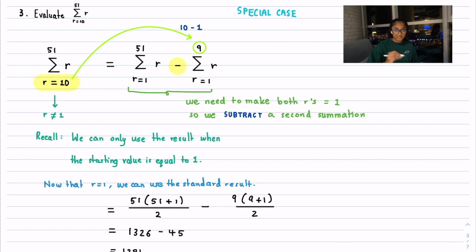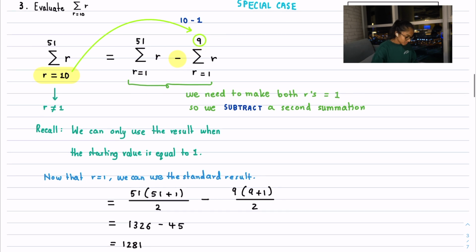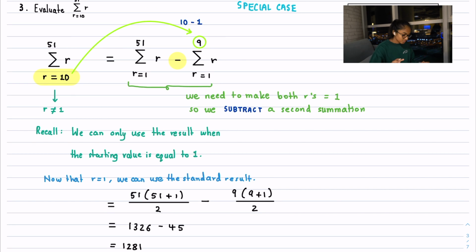So 10 minus 1 is 9, and that will be our second summation's upper limit, which is 9. So recall, we can only use the result when the starting value is equal to 1. Exactly. So now that we have our starting values equal to 1 in both of our summations, we can use the standard results that we learned before.